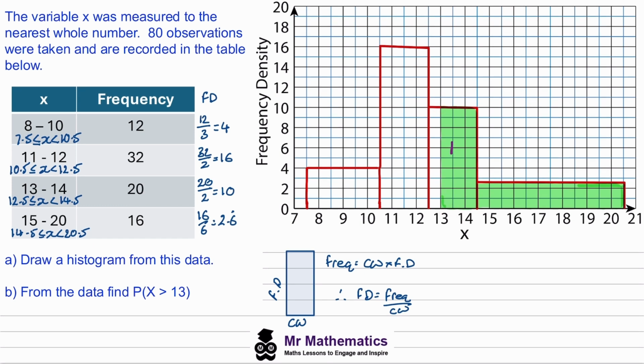This will give us a frequency of 15, plus the area of this bar, which will be 6 multiplied by 2 2/3, which we know is 16. So the probability of x being greater than 13 will be 31 over 80.